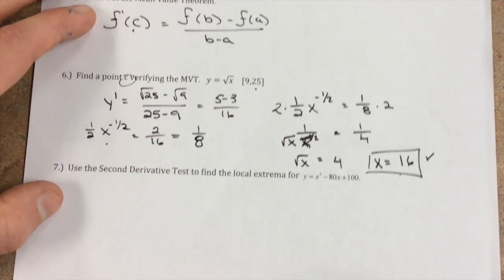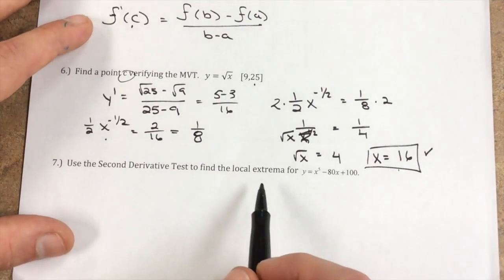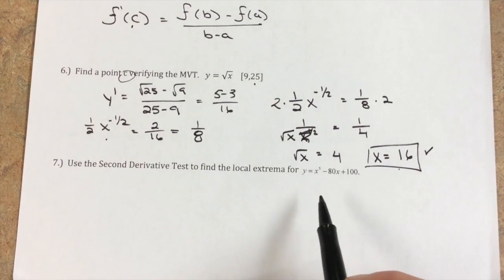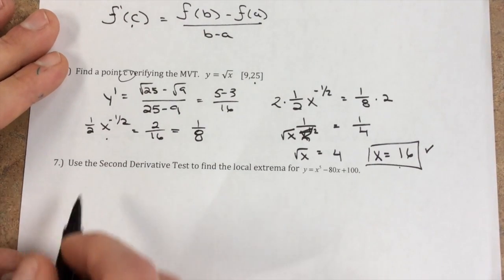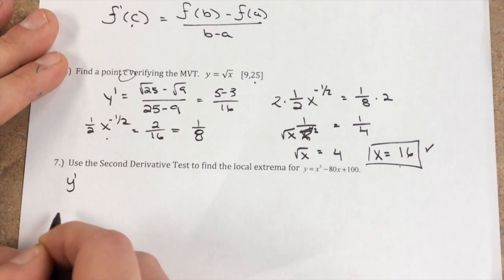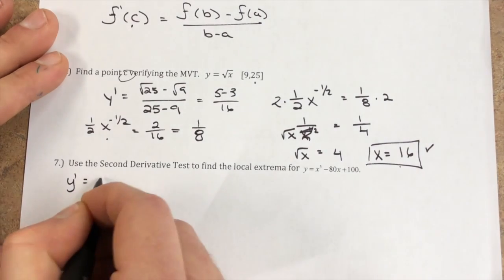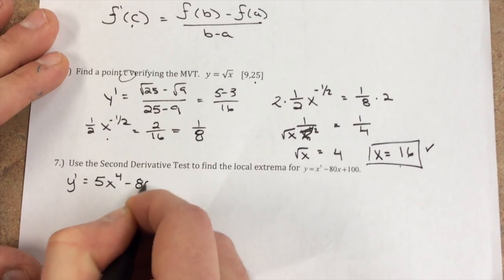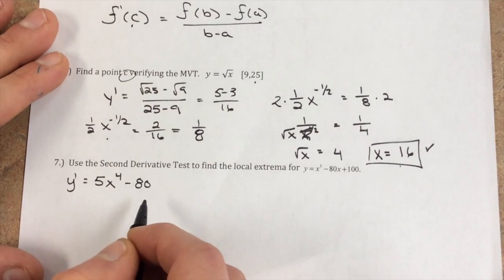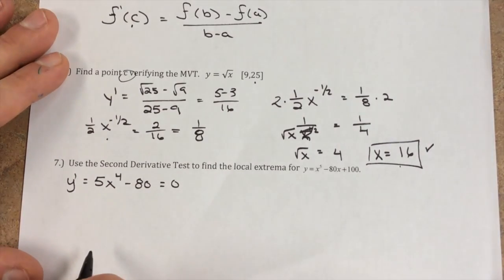Next up, use the second derivative test to find the local extrema for y equals x to the fifth minus 80x plus 100. So I'm going to first take my derivative. That's 5x to the fourth minus 80 plus 0. I'm going to set that equal to 0.